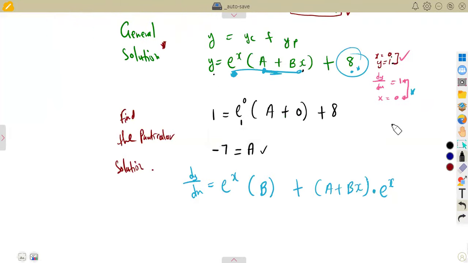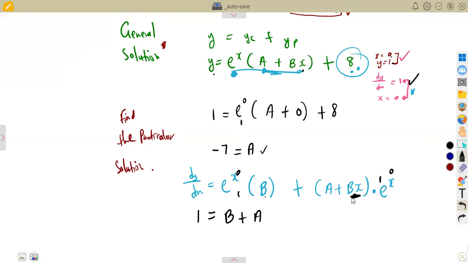So from this, the derivative of y with respect to x is 1, where x is 0. So there we're going to put 0. e to the exponent of 0 is 1. 1 times b is b. Here we're going to have 0 there. e to the exponent of 0 is 1, so it's 1 times a, which is a.